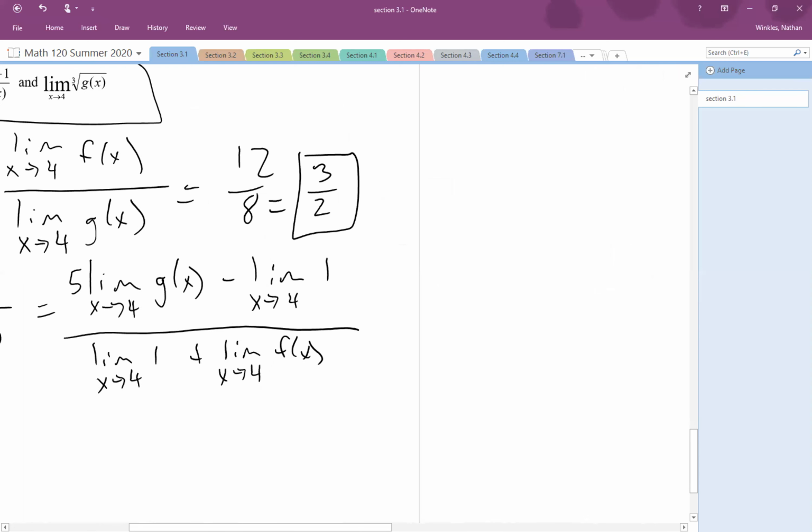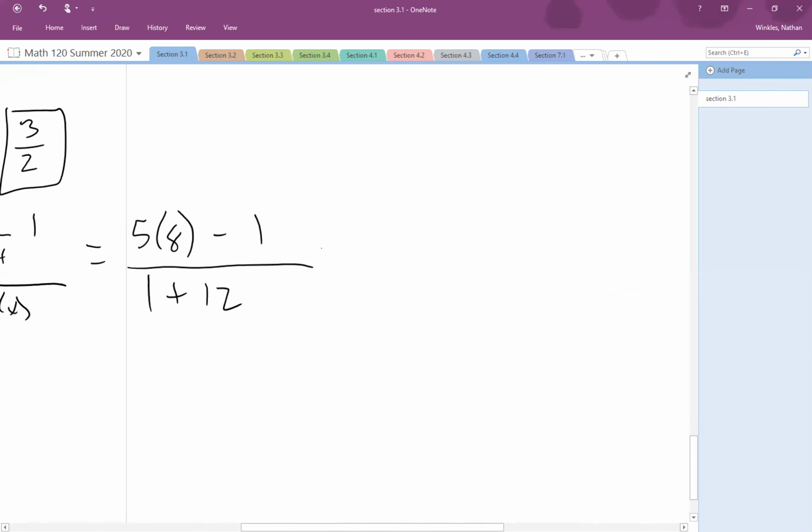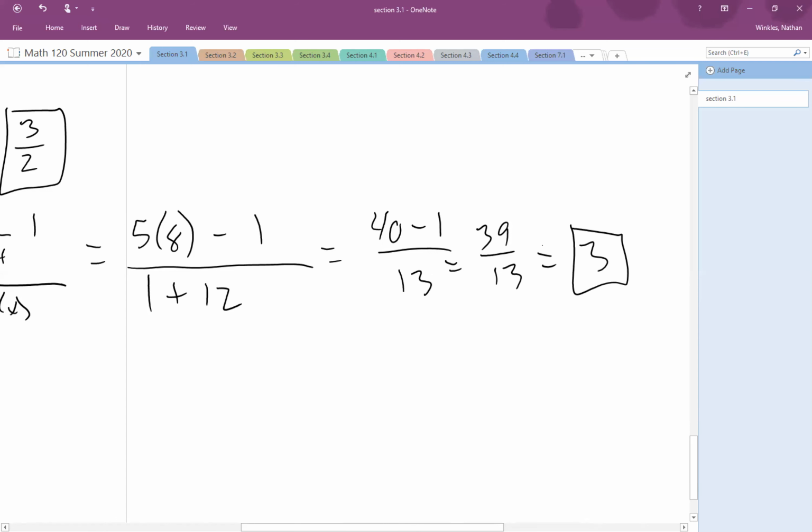So remember, the limit for g is 8, so this is 5 times 8. The limit of a constant is just the constant, so minus 1 over 1 plus 12. So we get 40 minus 1 over 13. So 39 over 13 gives us 3 as our answer here.